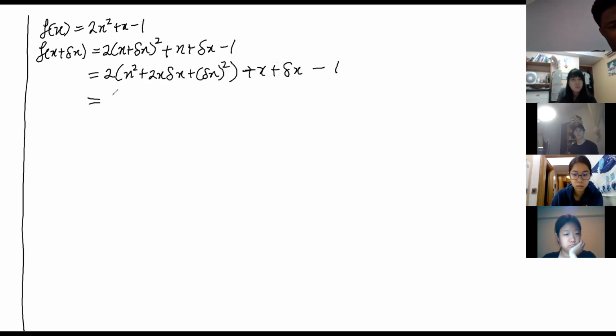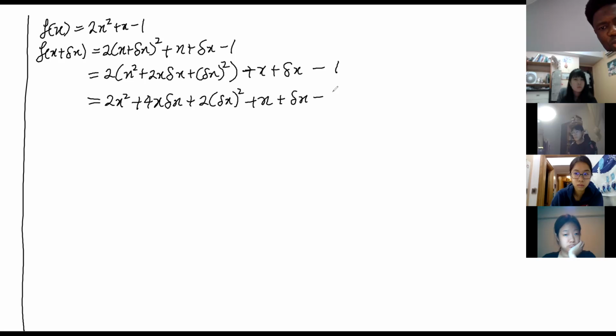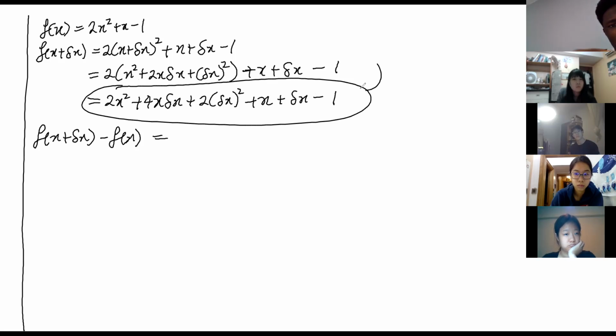This is simply 2x squared plus 4x delta x plus 2 delta x squared plus x plus delta x minus 1. So from here now, you find f of x plus delta x minus f of x. So which means everything here minus everything here.